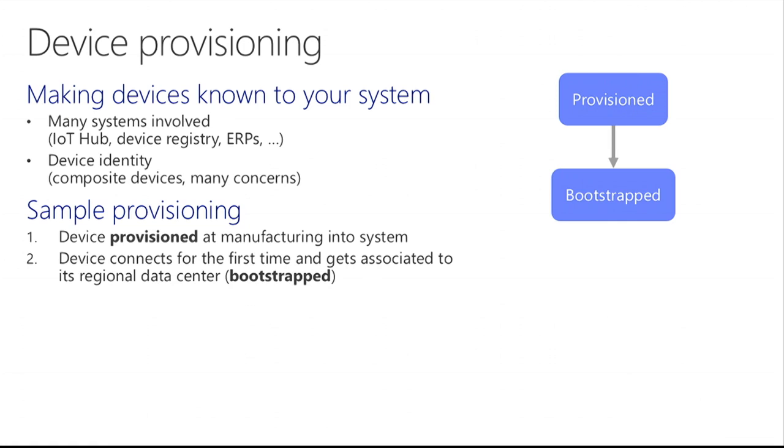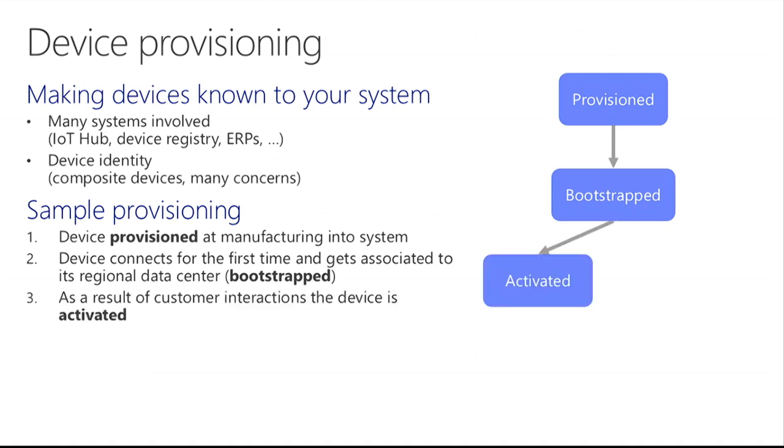The first time that it connects, it could be bootstrapped to its specific regional data center. This is very common when the manufacturing is a global operation and there are many different regional data centers that have to manage the individual devices. The point is that at manufacturing time, the device might not already be associated to a specific region.